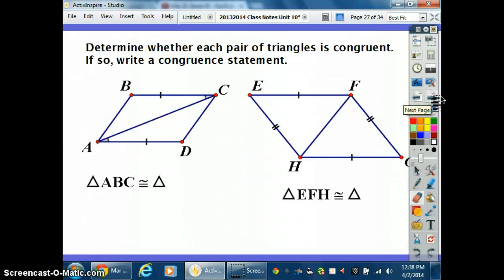All right, now sometimes they're tricky. Their triangles are sharing something. You can see they're sharing this side right here, this side AC. So we can mark that as congruent. But we need to determine if these triangles are congruent by either side, side, side, or side, angle, side.